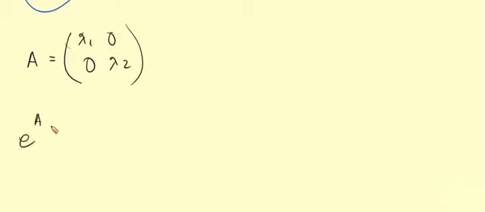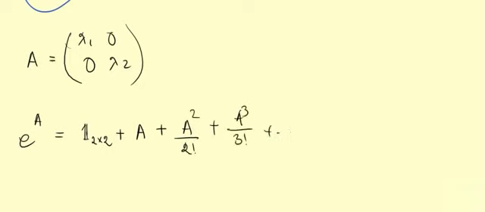So if you write e to the power A, the first thing you will get is an identity matrix, that is a 2 cross 2 identity matrix. The second thing will be A, the third thing will be A squared by 2 factorial, then A cubed by 3 factorial, and so on.